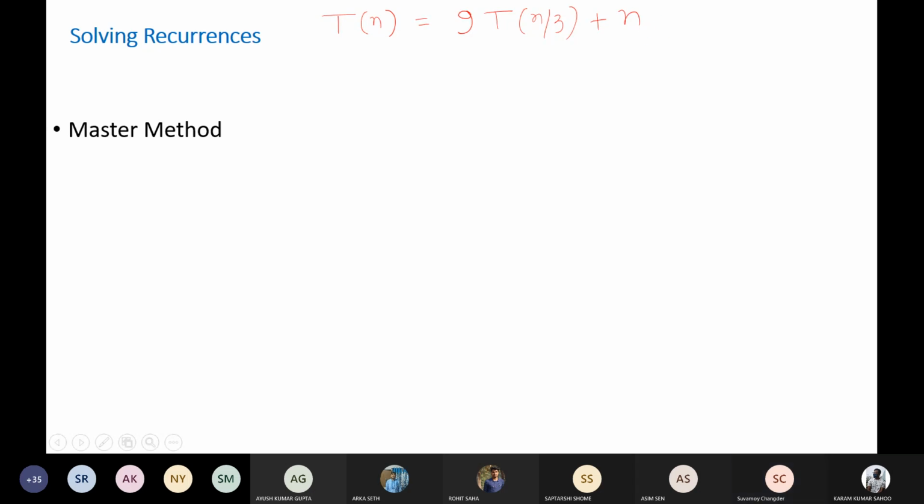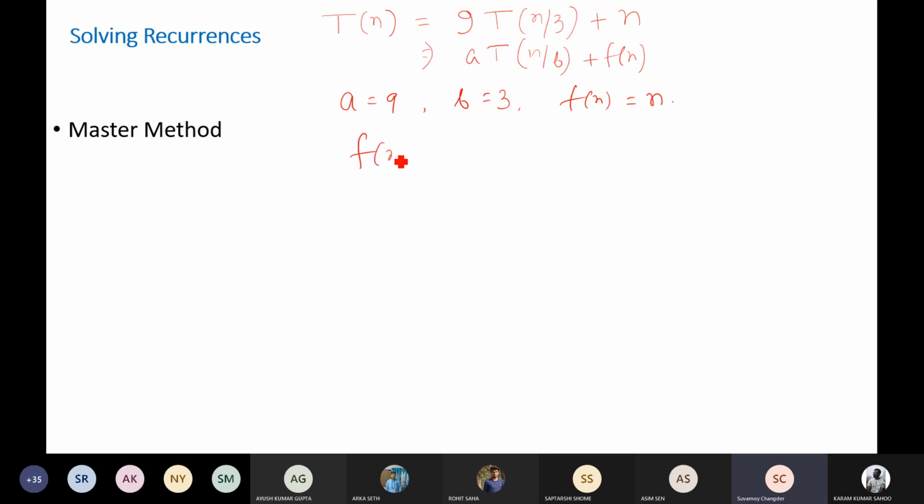So if we compare this with a T(n/b) plus f(n), then we can say that a equals 9, b equals 3 and f(n) equals n.